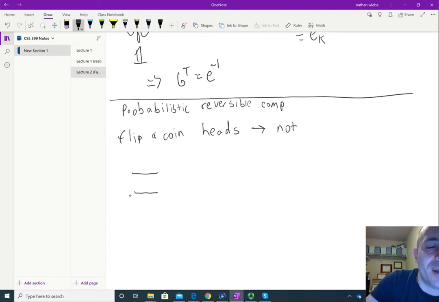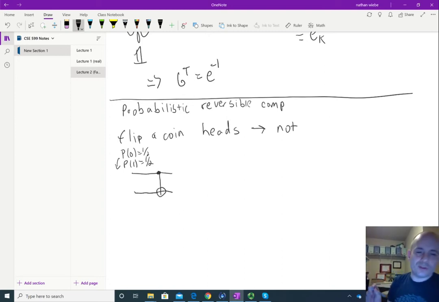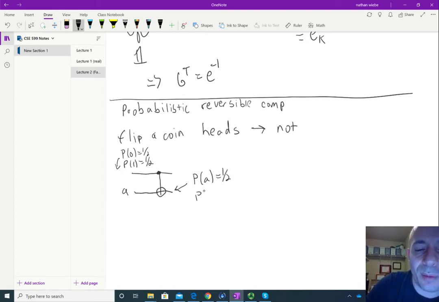Let's say we've got a bit over here, which is probability of 0 equals 1/2, and the probability of 1 equals 1/2. If we do a controlled NOT gate, which is often denoted like this, between the top and the bottom over here, this is some value A, then we're going to end up getting a distribution on this bit over here, which is the probability of A is 1/2, and the probability of not A is also 1/2.